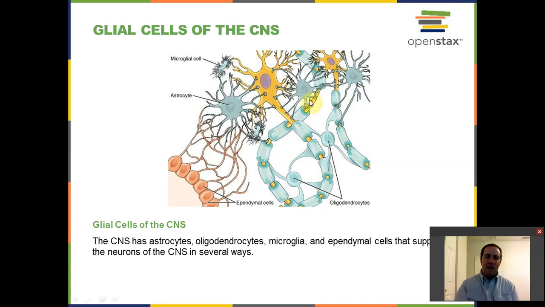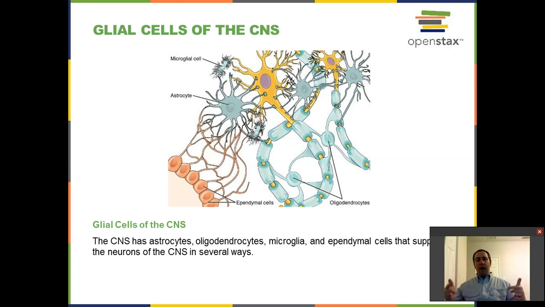So that is what it's doing. It's sitting there, putting out multiple tentacles, kind of like an octopus, wrapping around multiple axons. Here's one that goes to that neuron. Here's one that's attached to a neuron up here somewhere. So it's attached to multiple neurons, and then it wraps around.